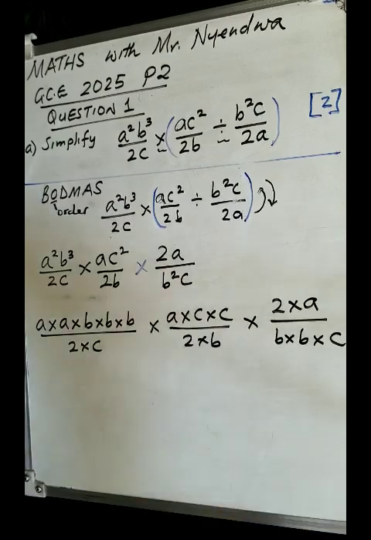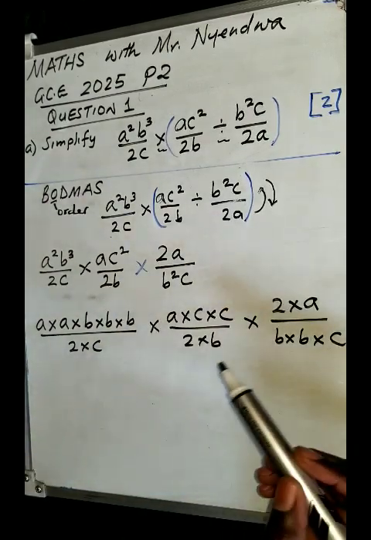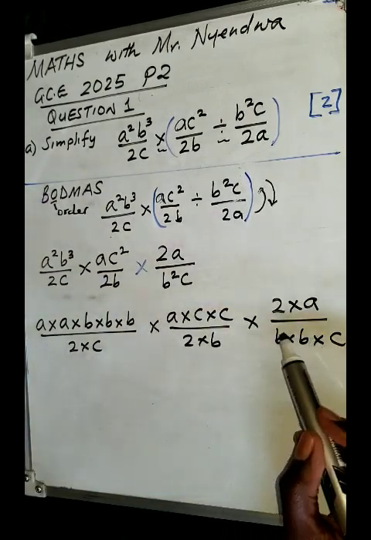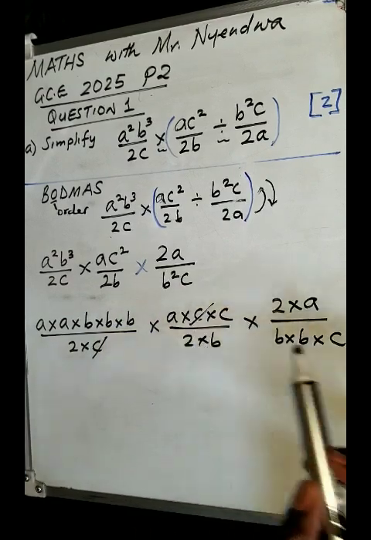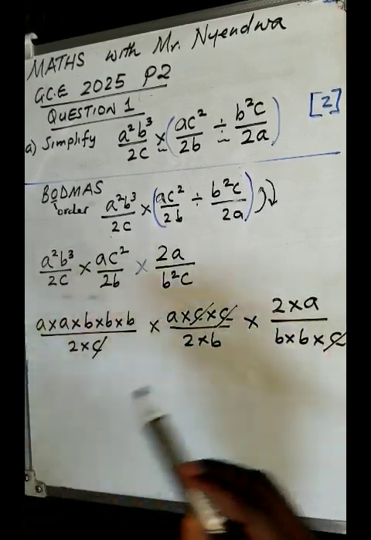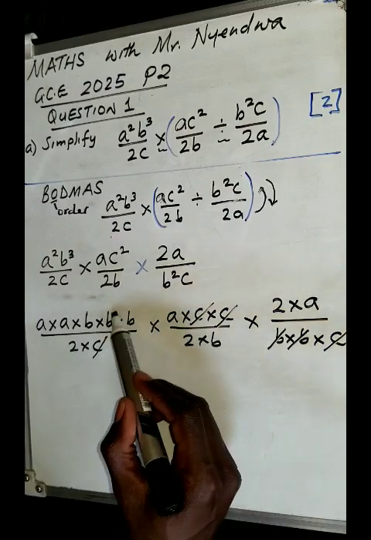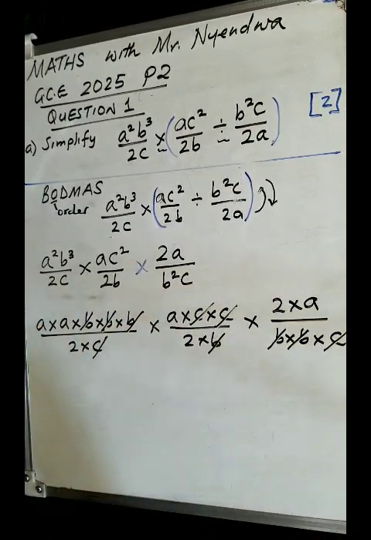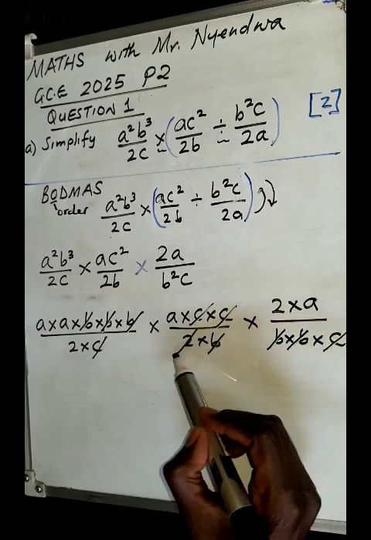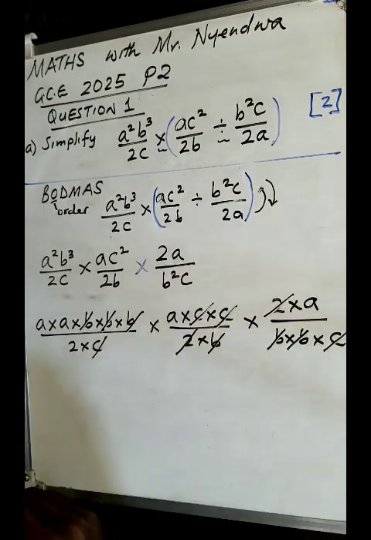Now we can cancel out and see if we are able to reduce them. For example, this c and that c cancel, the b's on top cancel with the b's below, and I can cancel the 2 and the 2 there.